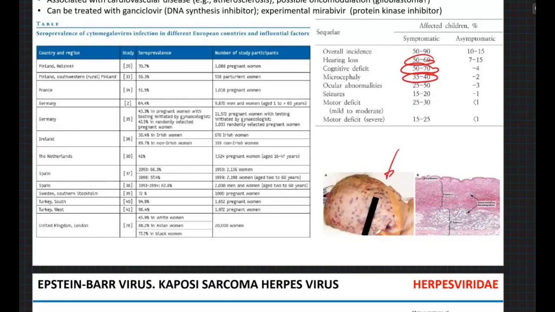But it will cross the placenta and infect the fetus. So I don't know if they will get to phase 3 and if they will ever manufacture it, because that would be an incredible benefit for reducing the number of babies born with lifelong disabilities. Okay?